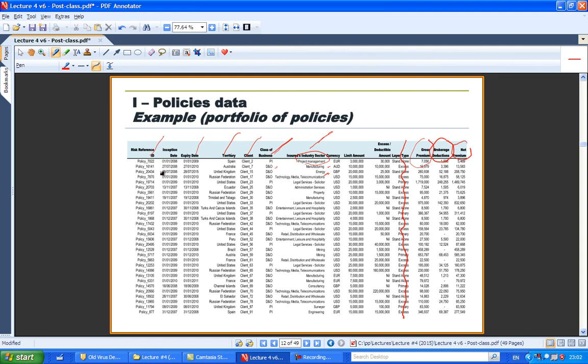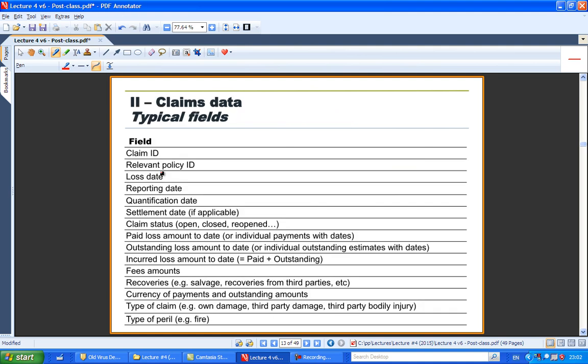Moving on to claims data. These are the typical fields that you can expect in an Excel spreadsheet, giving you information on all the claims that you have had for a particular policy. You will have something that identifies the claim, an ID, and of course you need to know, if you have more than one policy involved, to which policy does that claim refer to.